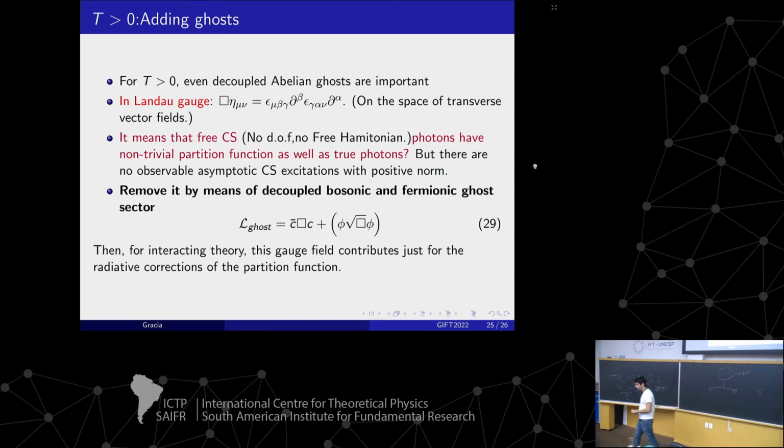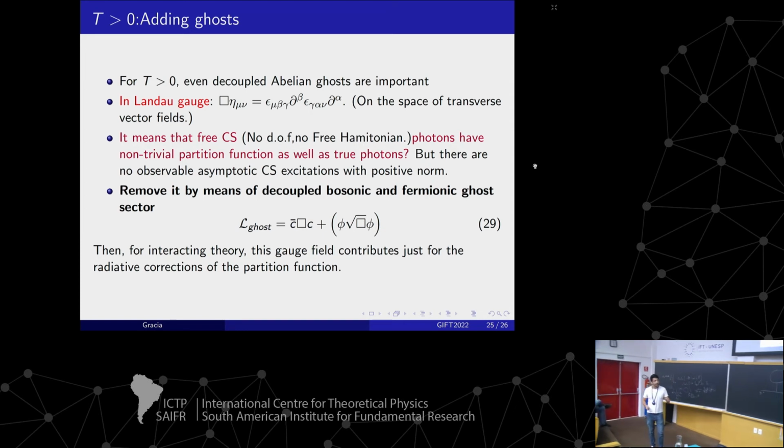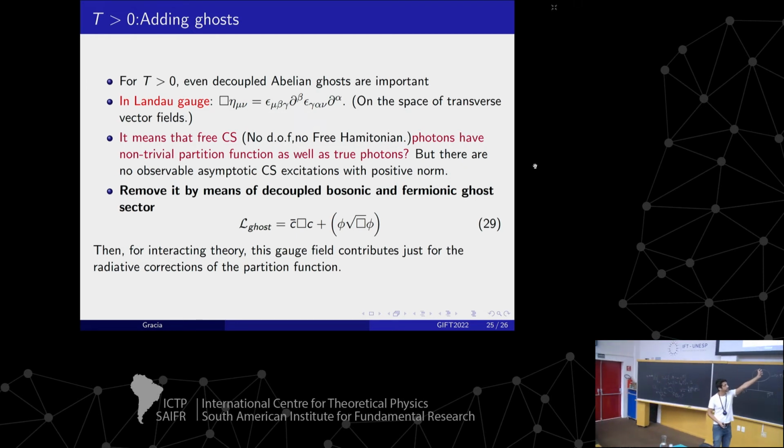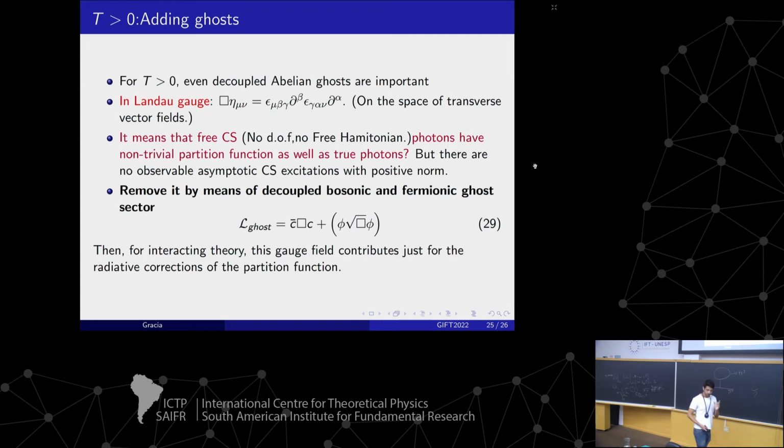is a very well-known thing, and we will have an operator determinant normalization for our partition function and a non-trivial partition function, but with no asymptotic photons, Chern-Simons photons. What can we do? The second term is a bosonic ghost.